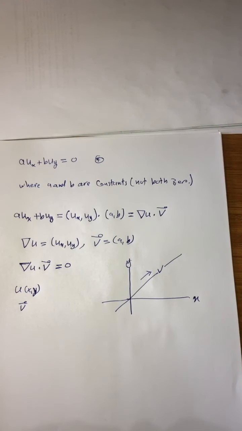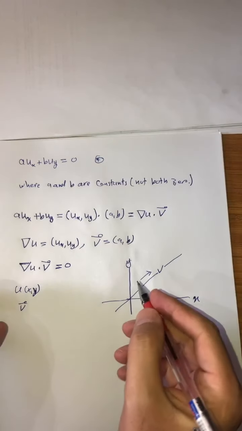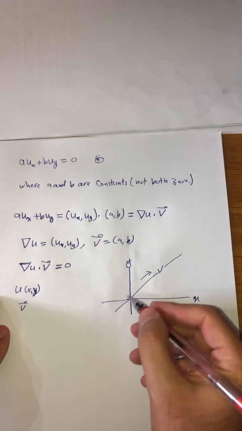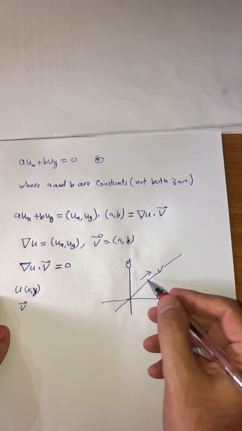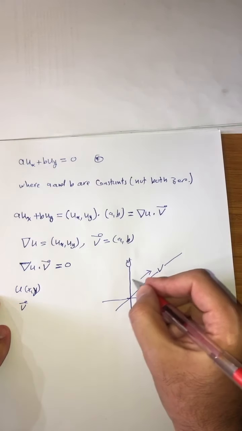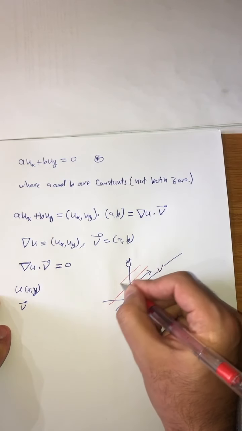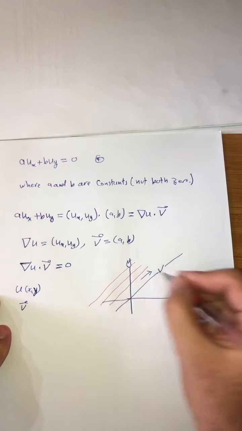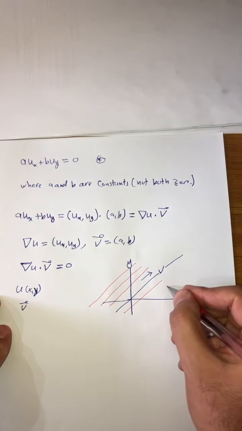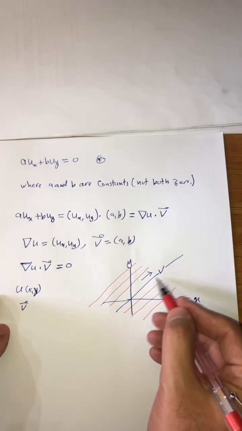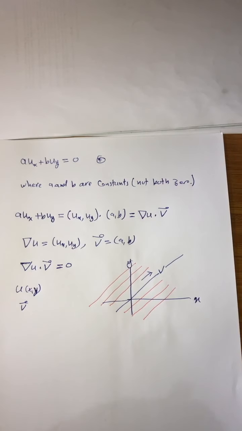All the lines along the direction of the vector v are called characteristic lines. So all the lines parallel to the vector v are called characteristic lines.